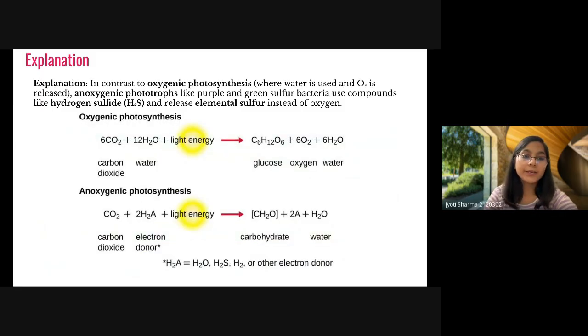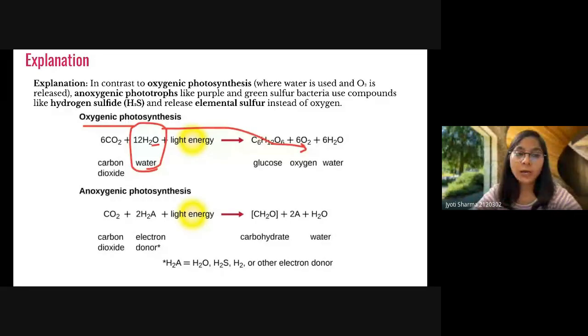And you can just see here that if it is oxygenic, then the plant, in the presence of carbon dioxide, sunlight, and water, will give you glucose, oxygen, and water.